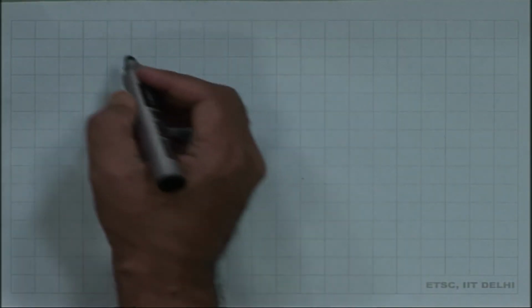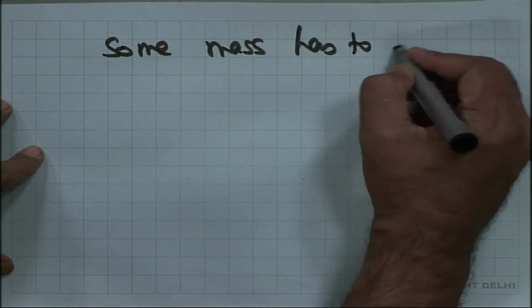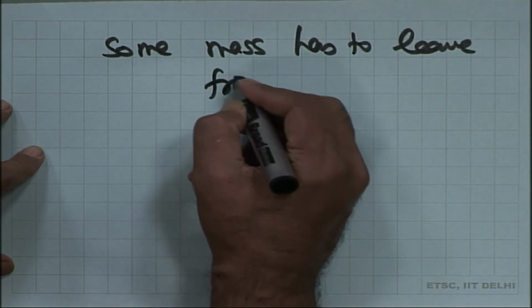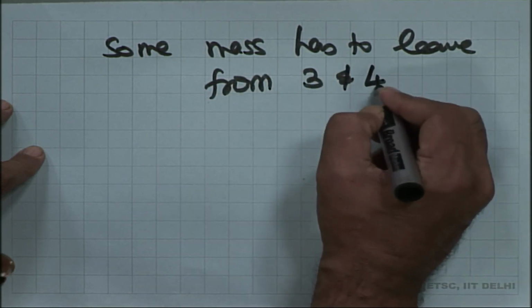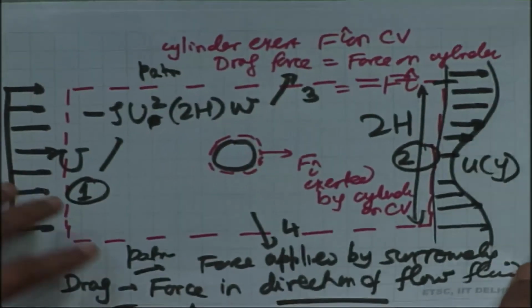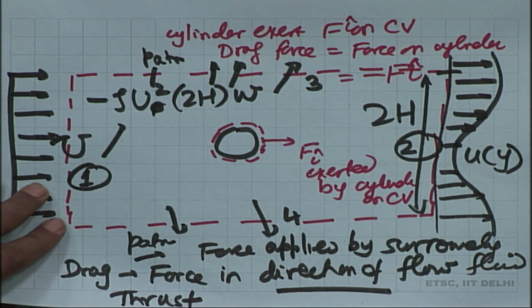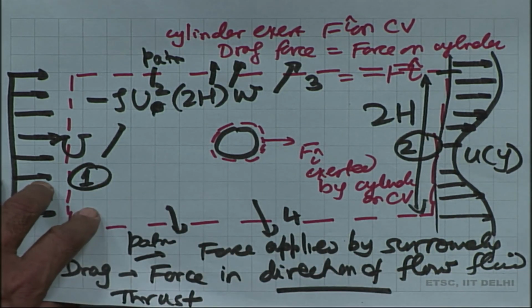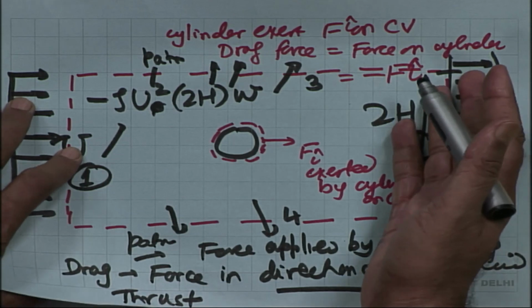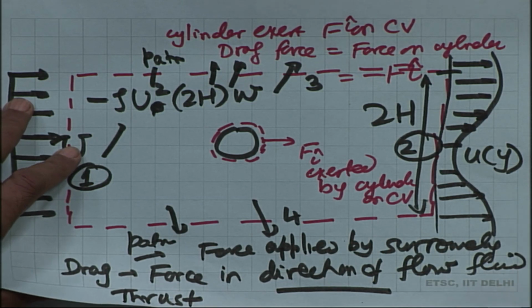This is what mass balance tells me, some mass has to leave from surfaces 3 and 4. And once we account for that and make some reasonable approximation, we will be able to get the answer. While this mass leaving from 3 and 4 most likely has its velocity in the y direction, since this area is very large, the y component of velocity will be there, but it will not be 0, it will be some number.